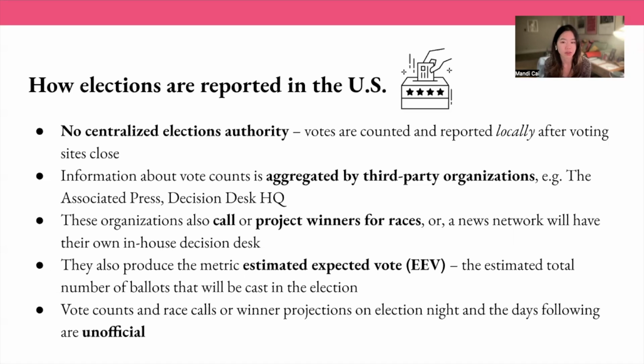These organizations also call or project winners for races, or a news network might have their own in-house decision desk to do that. They also produce the metric estimated expected vote, which is the estimated total number of ballots that will be cast in the election when all is said and done. Vote counts and race calls or winner projections on election night and the days following are unofficial. That is important to keep in mind.